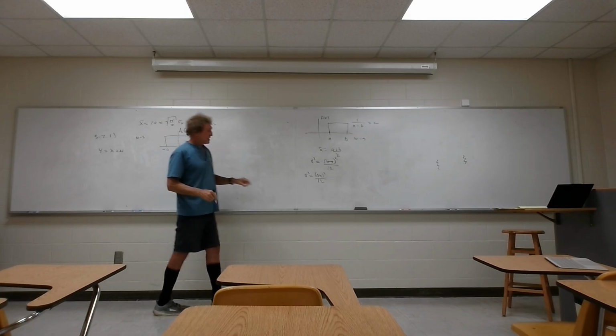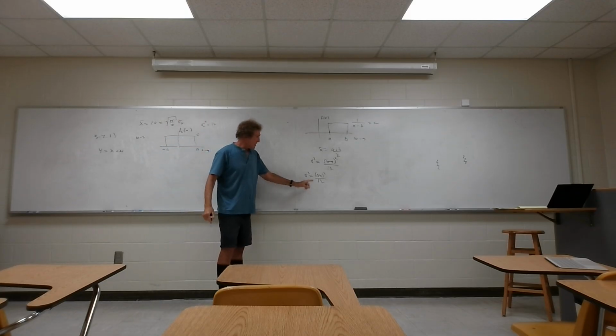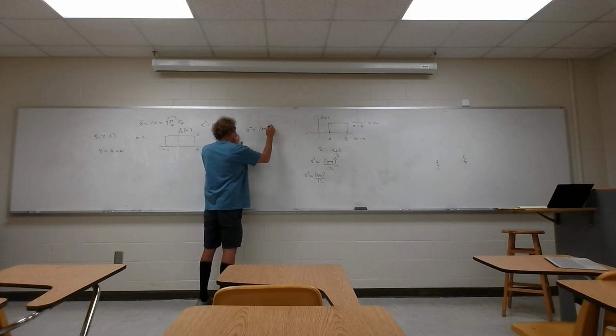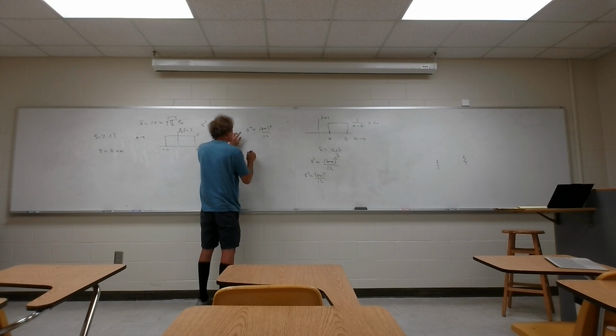So if you have that, I'm going to point to that formula. I'll start with sigma squared equal to delta x squared over 12. I know that is 12, and that's equal to delta x.